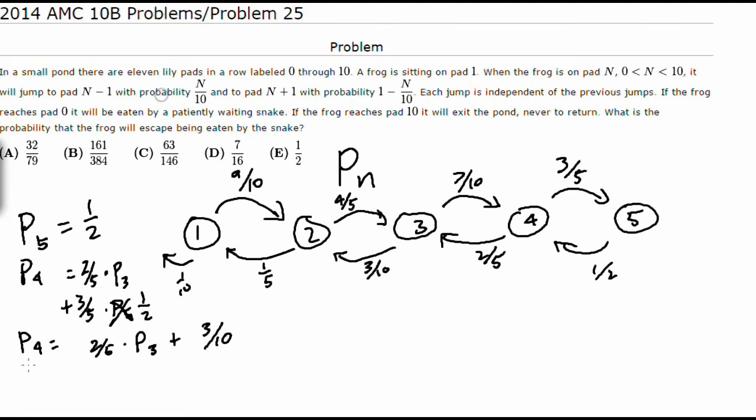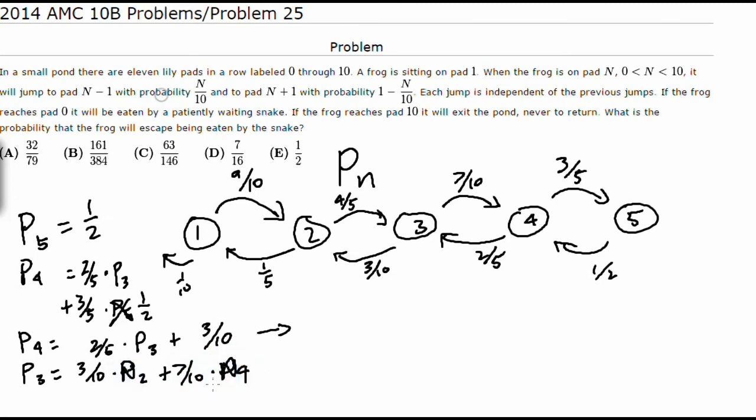So now we want to know P3 because we need P3 to find P4, right? Well, sort of the other way around. Okay, never mind. Let's just move on. So P3 is the probability of doing a similar thing, 3/10 times P2 plus 7/10 times P4. Sorry, I wrote n.